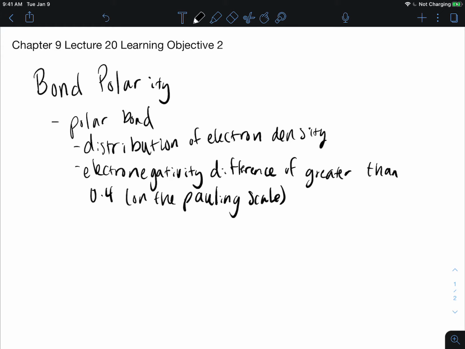Okay, so when we have a bond dipole, we show that using a dipole arrow. And a dipole arrow is very similar to a vector.